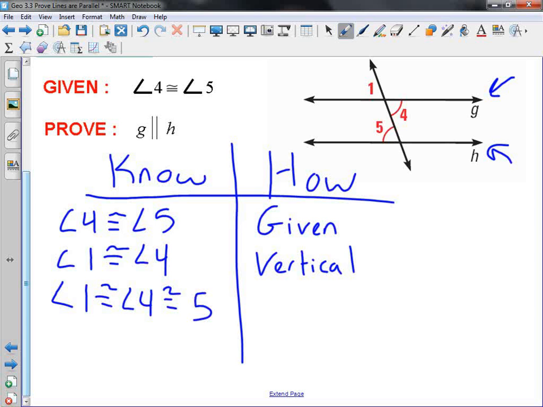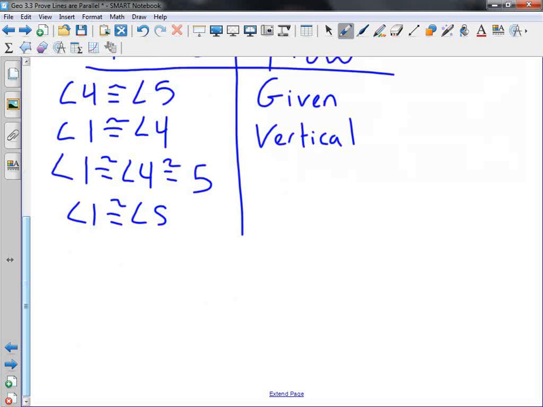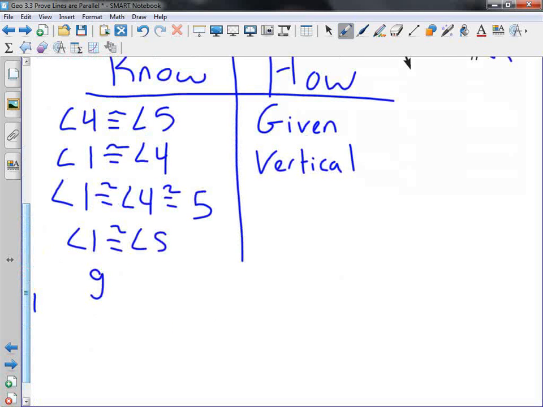All right, so then we know angle 1 is congruent to angle 5. And then I could say, what was the name of those lines? G and H. And I could say G is parallel to H. Why is G parallel to H? We're going to say corresponding.